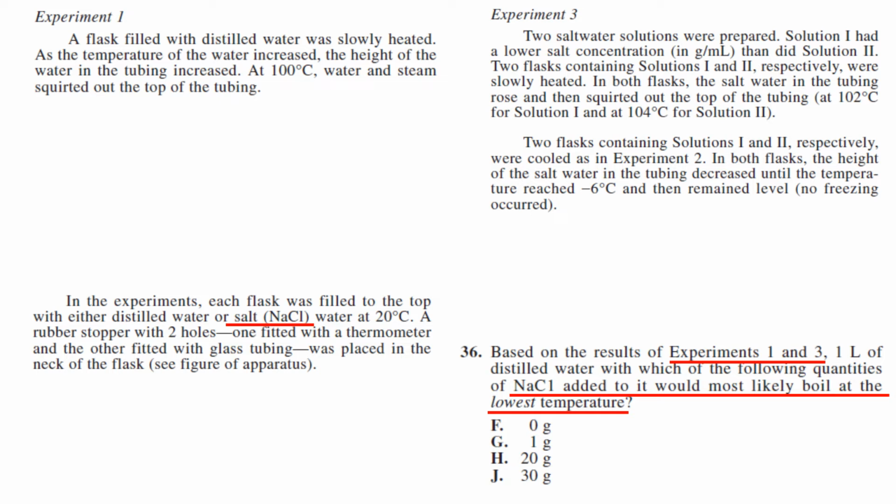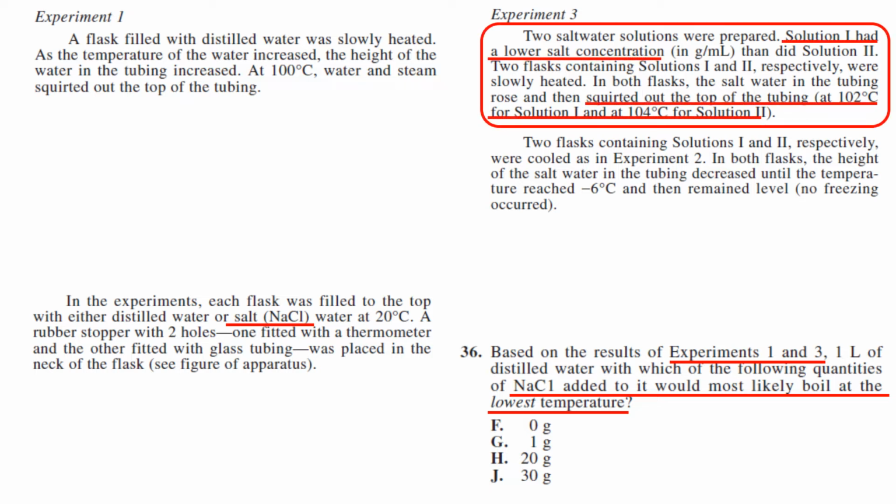So we're just going to say, does water boil faster when it has salt or when it has less salt? And it tells us solution 1 had a lower salt concentration and solution 1 boiled at a lower temperature. Right? So lower salt content corresponds to lower boiling point. So we want to add the least amount of salt possible. So F.